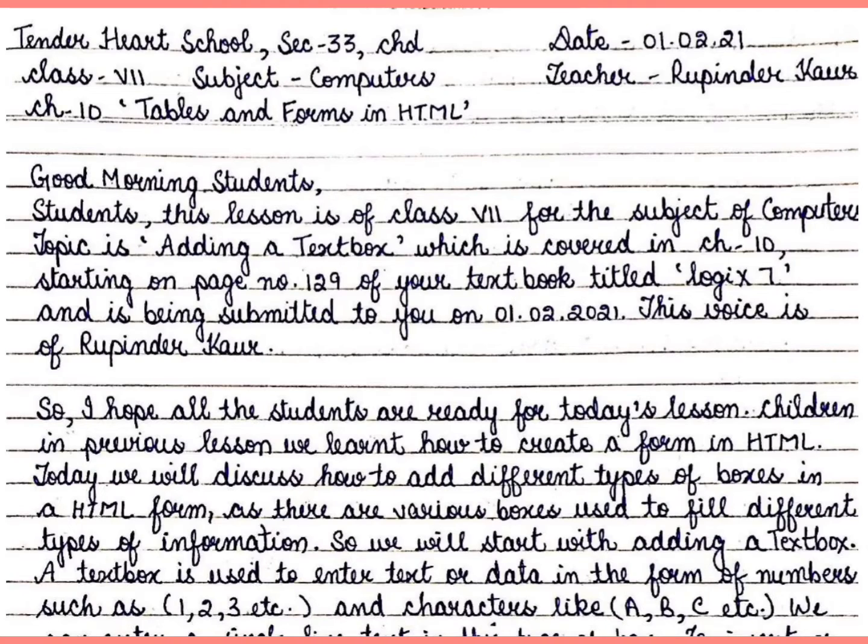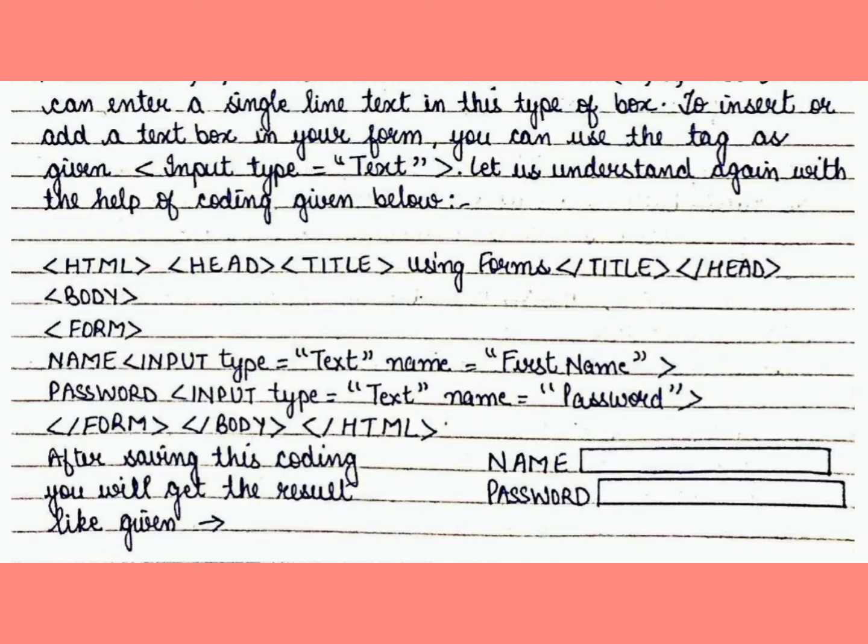A text box is used to enter text or data in the form of numbers such as 1, 2, 3, etc. and characters like A, B, C, etc. We can enter a single line text in this type of box.